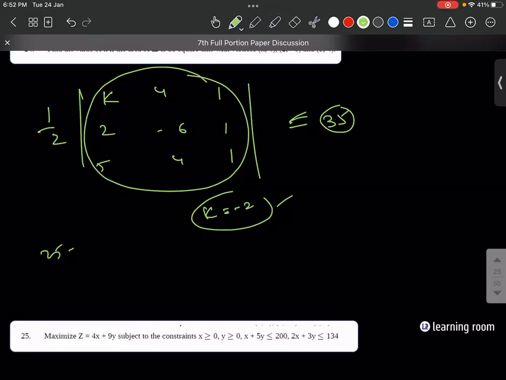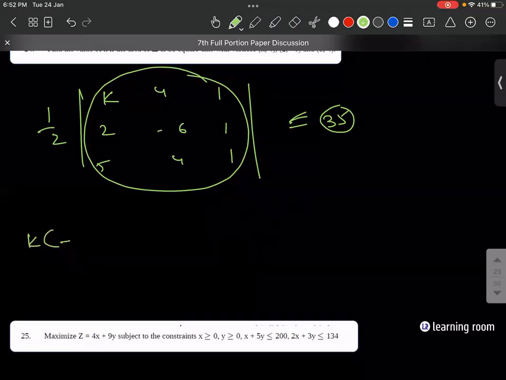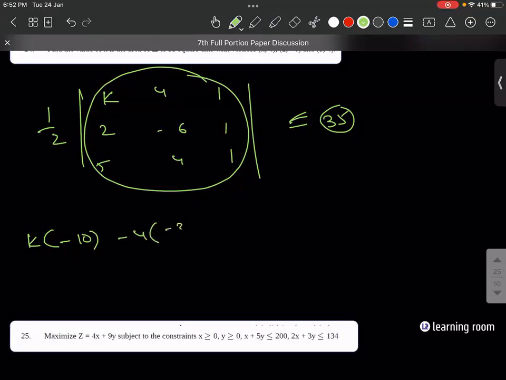Sir, I don't have the matrix. It should be plus or minus. I want the expansion. I asked you to do that, that is why I gave a break. k into minus 6 minus 4 is minus 10. Minus 4 into 2 minus 5 is minus 3.